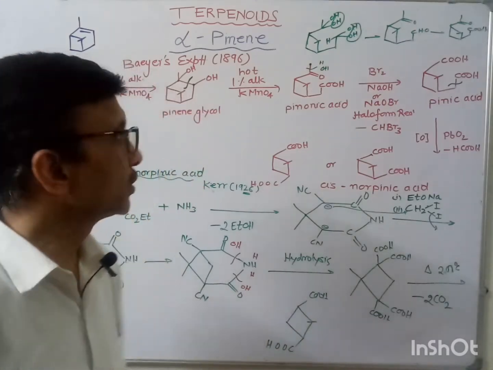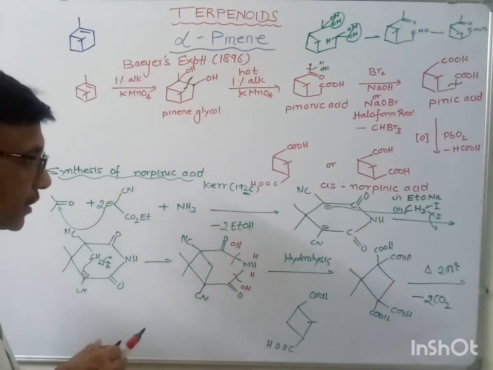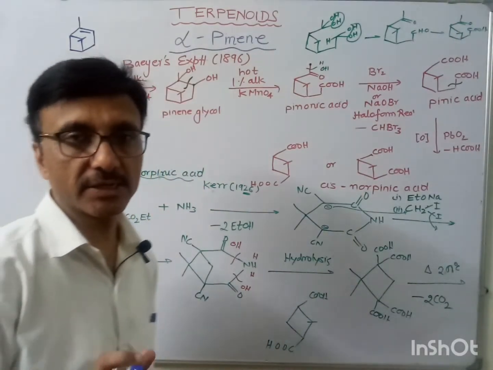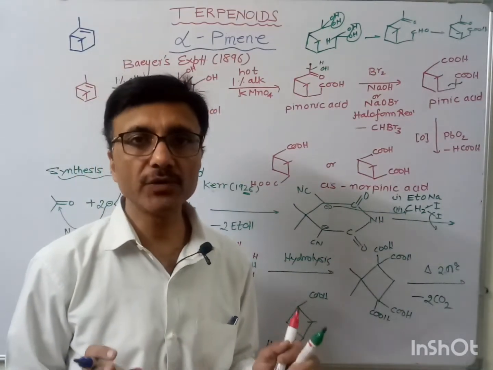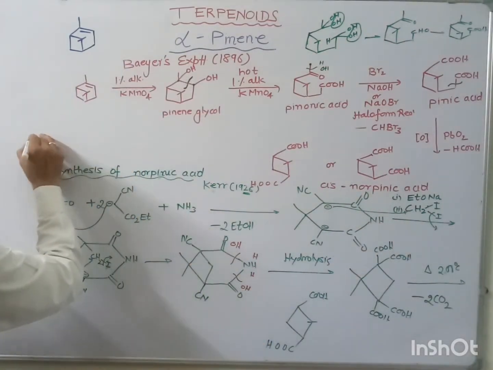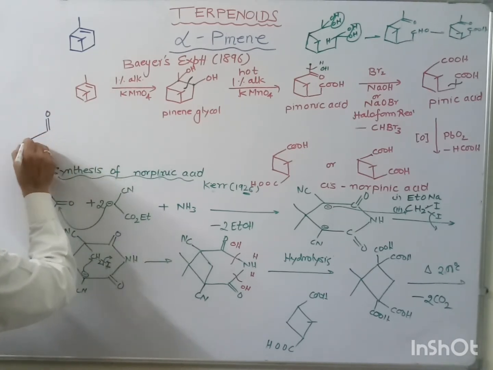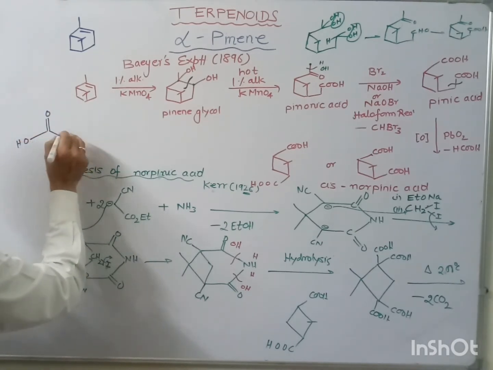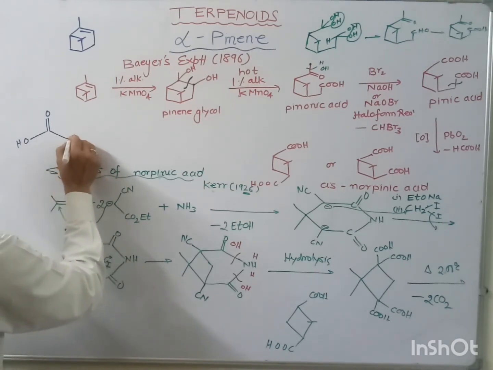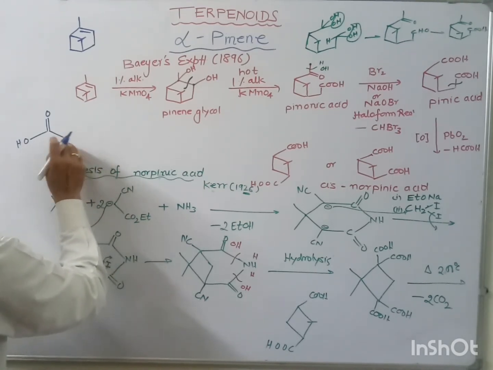Okay, so here what I told you, only one COOH would be removed. So why one COOH? If we have a dicarboxylic acid, then after heating it, only one COOH will be removed. So the reason is, only one of the O is involved in this hydrogen bonding. If you see this structure, this is involved in the hydrogen bonding.